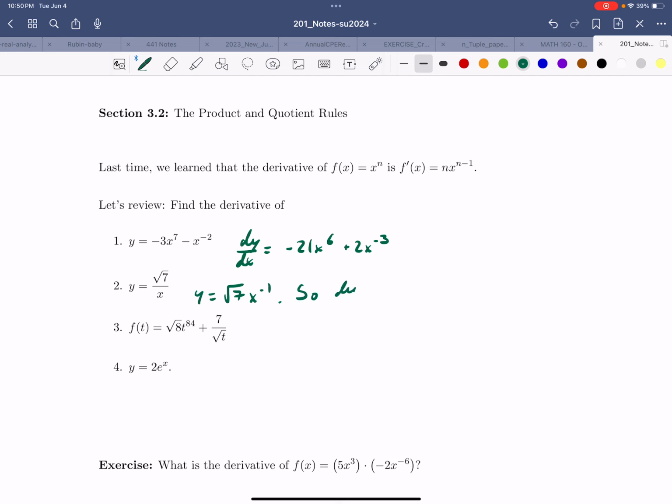So dy over dx equals root 7 times negative x to the negative 2, which is negative root 7 x to the negative 2, which is negative root 7 over x squared.